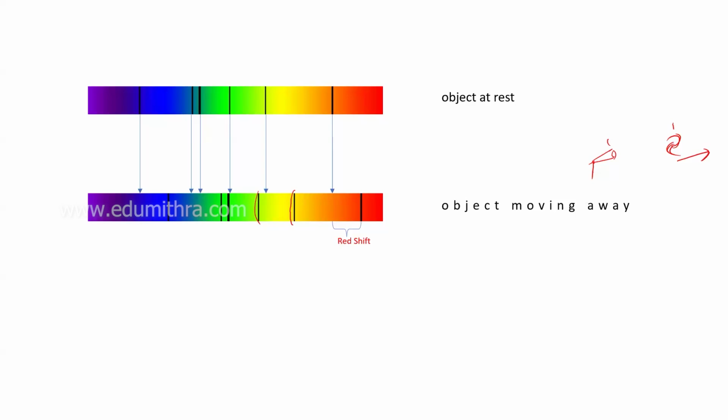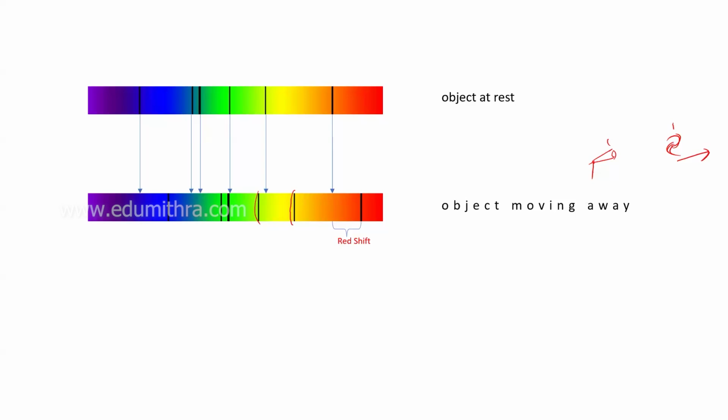So the shift in frequency of a wave because of the motion between the source and the observer is called the Doppler effect in general.